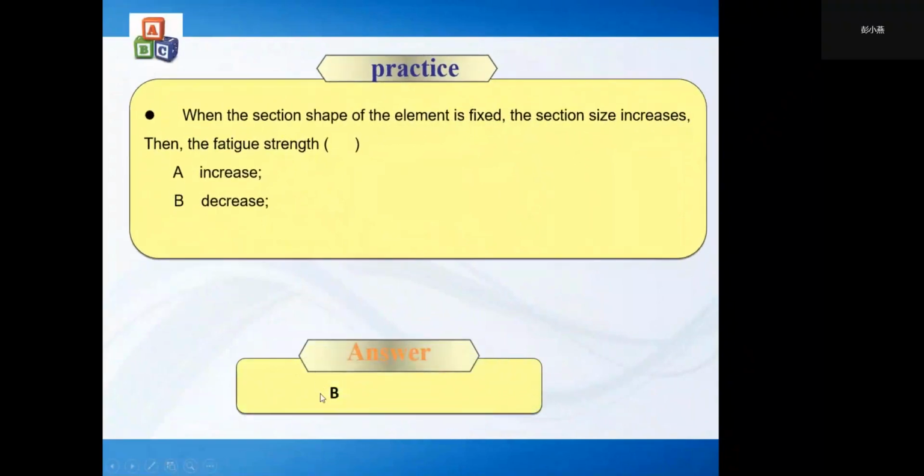The fatigue strength will decrease because with the section size increase, Laoshi, these things are really hard and complex. These things increase and decrease, everything is related to each other.